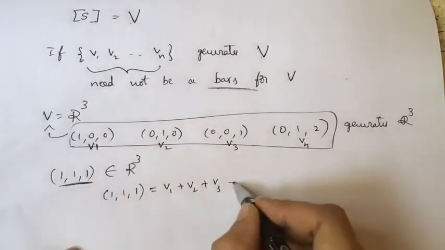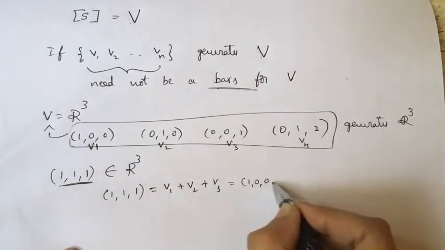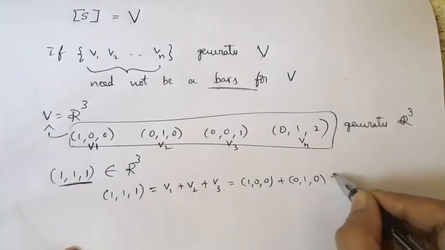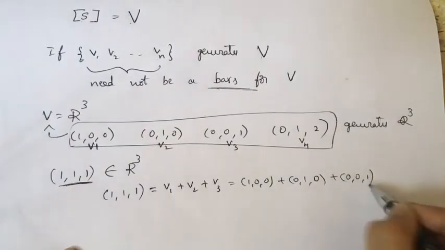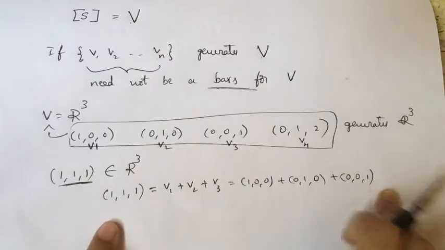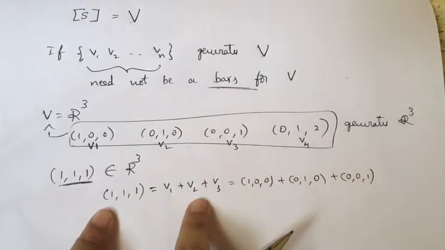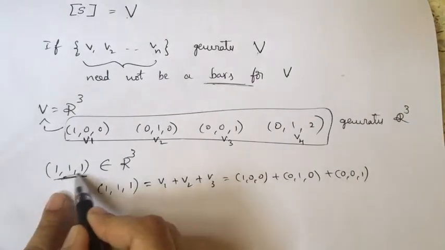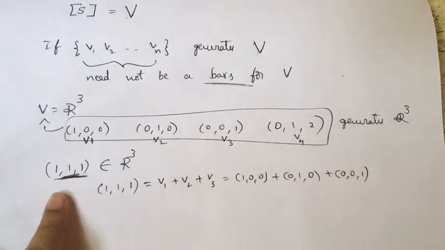Do you agree? That is 1, 0, 0 plus 0, 1, 0 plus 0, 0, 1. This is one way of writing. If this is the only way, then I can say that this forms a basis, when you consider a particular element.